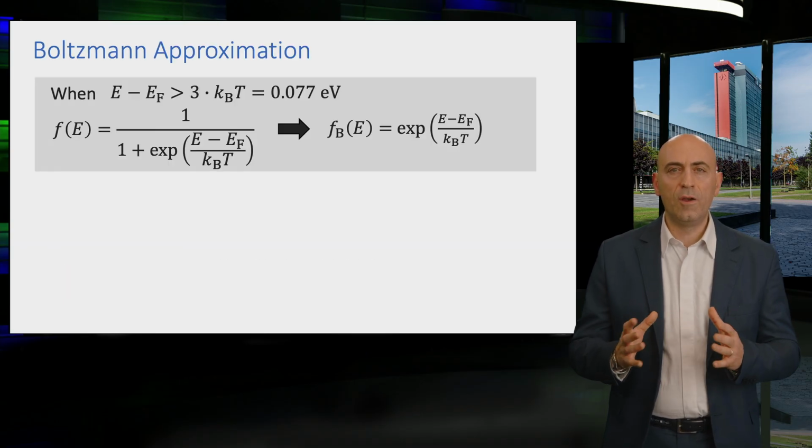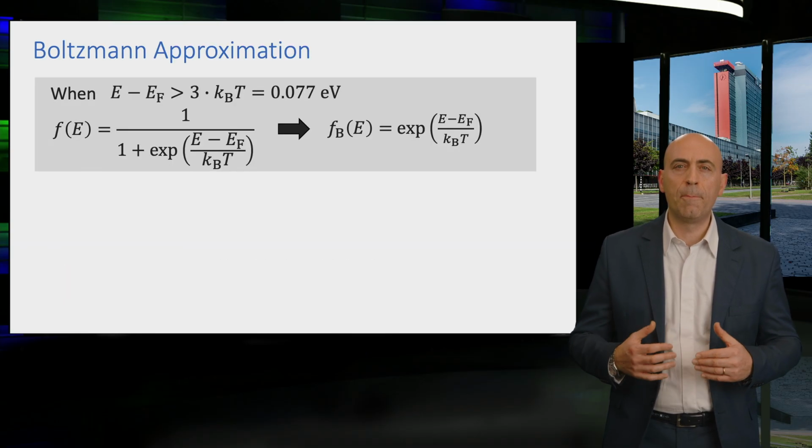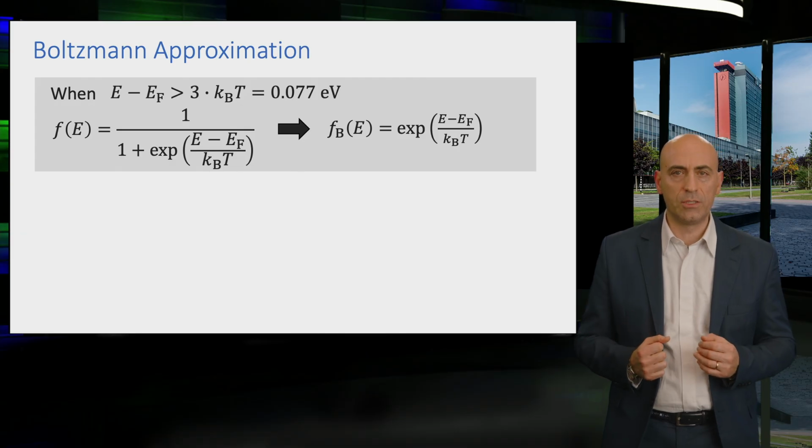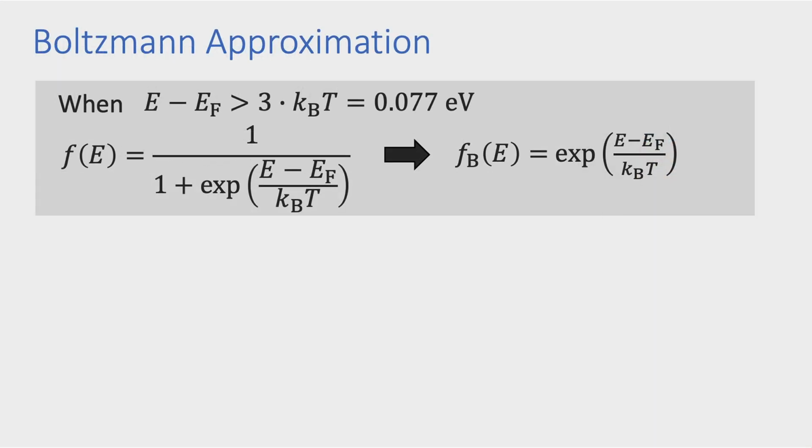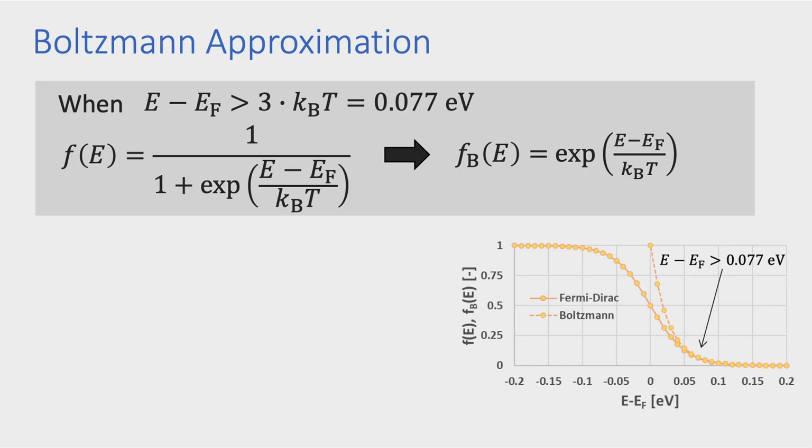Mathematically, the Fermi-Dirac distribution equation can be approximated by the Boltzmann equation, when the difference between the energy level and the Fermi level is larger than 3 times the thermal energy. In the diagram below, we see, in fact, that for E minus EF larger than 0.077 electronvolts, the two curves are indistinguishable.